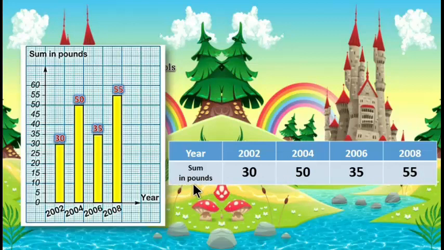Please look at the numbers on bar graph. You will find 2002, it's sum 30 pounds. 2004, it's sum 50 pounds. 2006, it's sum 35 pounds. 2008, it's sum 55 pounds.